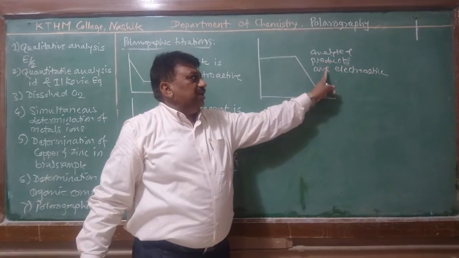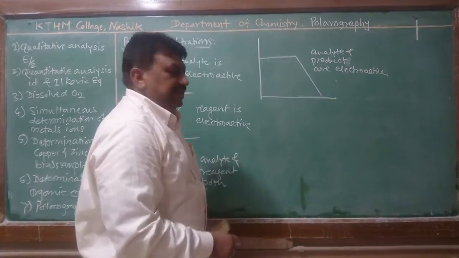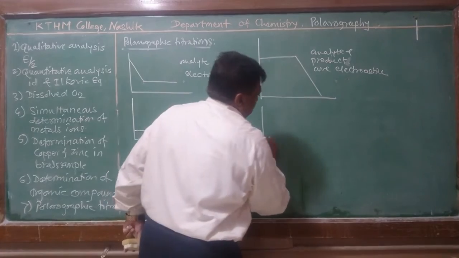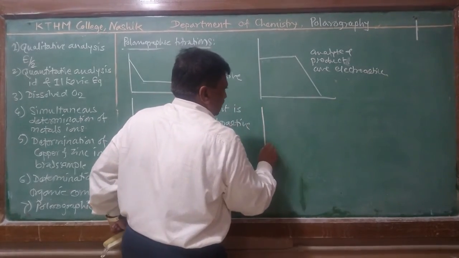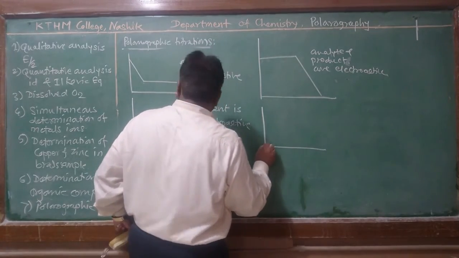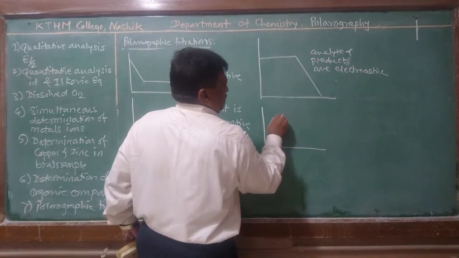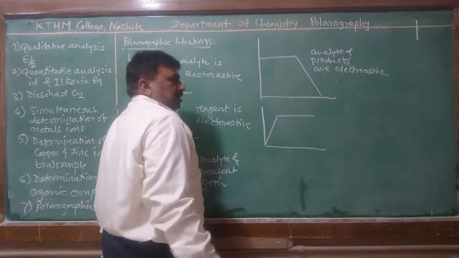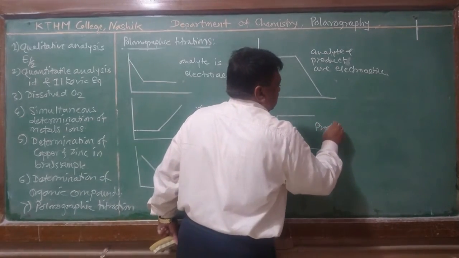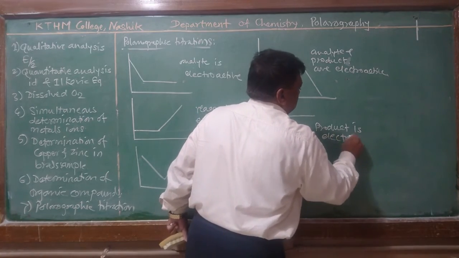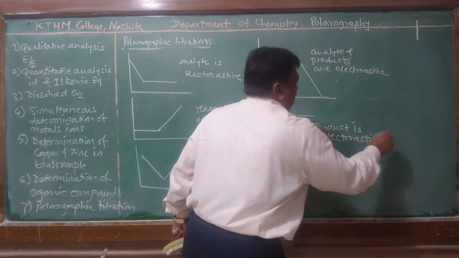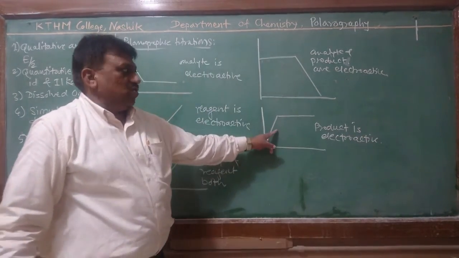Therefore, analyte and product both are electroactive, but the reagent is not. And suppose for example the next type of titration is like this. In this case, the product is electroactive while the analyte as well as the reagent are not.